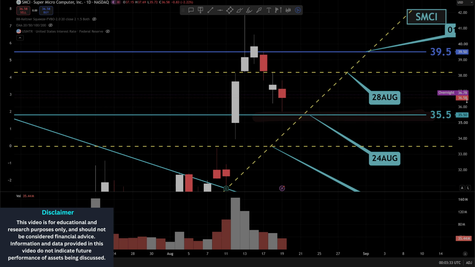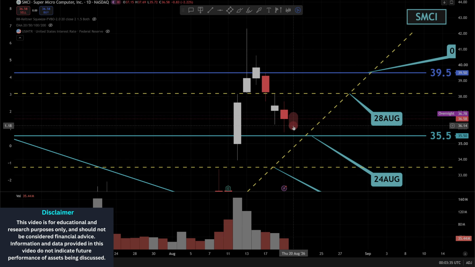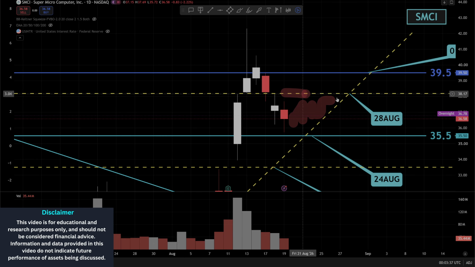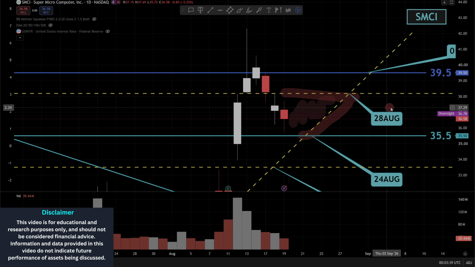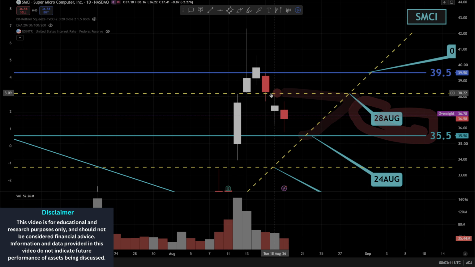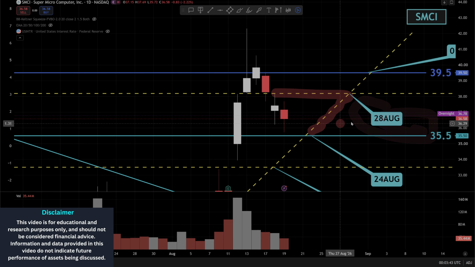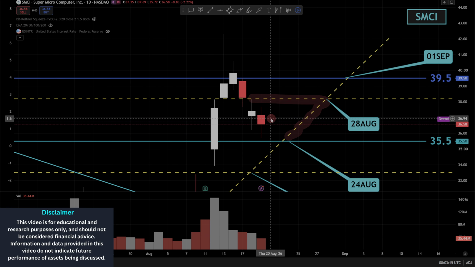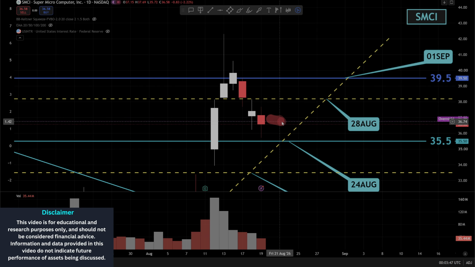Okay, so if in the next couple of days the price is going to continue to trade towards this wedge, when we get closer to the 28th, that 2C's decision point will trigger. And that's the time the bulls and bears will tell us, are they going to break the resistance, or are they going to eventually break this uptrend support?